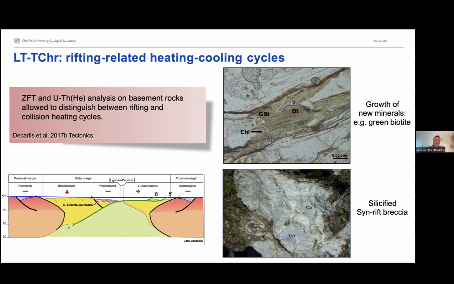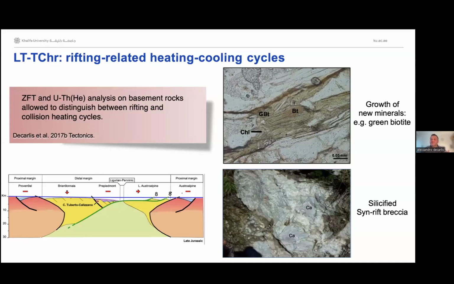So rifting can induce a metamorphism on the rocks of the basement. We analyzed the basement with two techniques: zircon fission tracks and uranium-lead on tourmaline. Zircon fission tracks gave us a Jurassic age, while tourmaline gave us a Cretaceous or Eocene age.